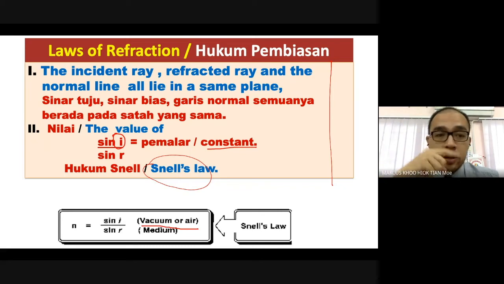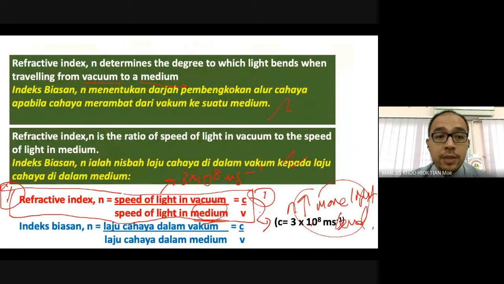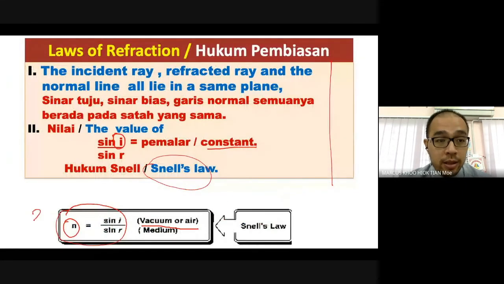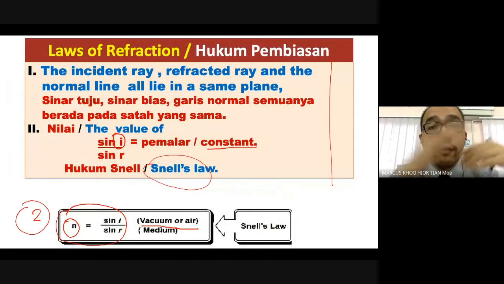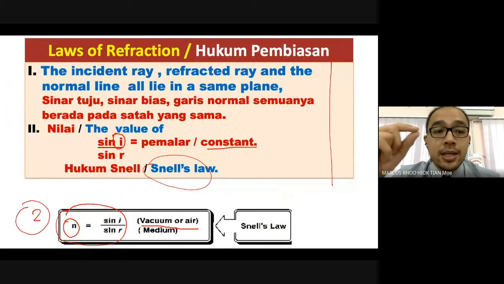And this is the second formula for refractive index. Remember the first formula? The first one is speed of light in vacuum divided by speed of light in medium, in the glass, in the diamond, in the perspex. The second way to calculate refractive index is sine I over sine R.